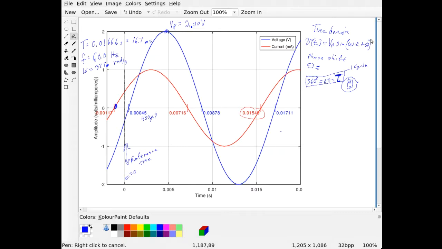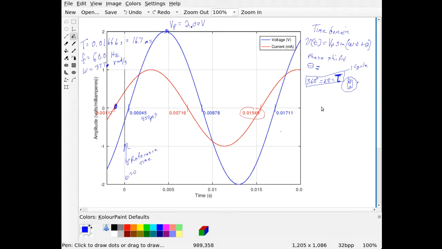Normally for the phase, we put this in degrees because it's easier for us to look at 15 degrees or 90 degrees and see that. If we put it in terms of radians, then it's some fractional number. So it's actually easier for us to write the phase shift in degrees.